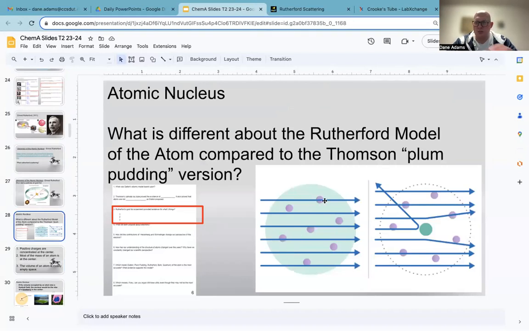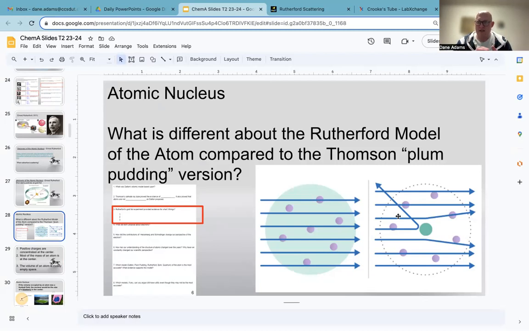It's not a spread out mass of positive with little bits of negative inside. Okay, you can write this down on page 6. Instead, Rutherford makes this ridiculous at the time, but true assumption that the atom itself is mostly empty. The space that an atom takes up, most of it is not filled with matter. It's mostly empty space.